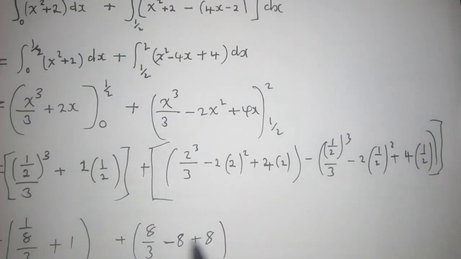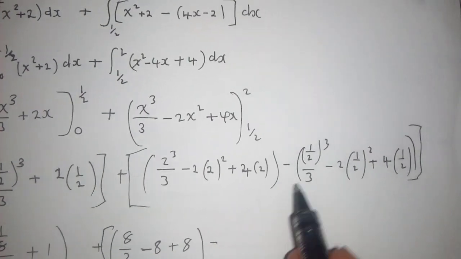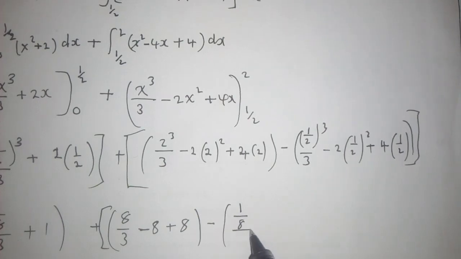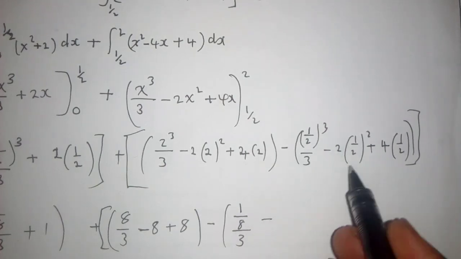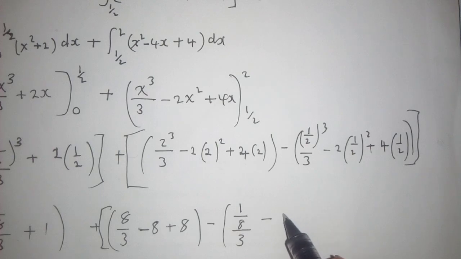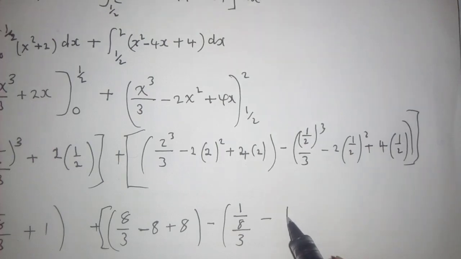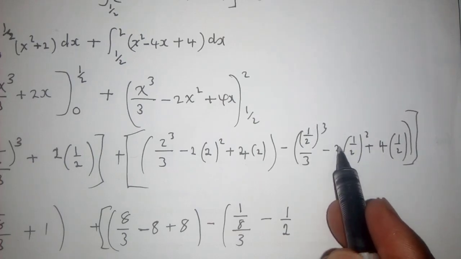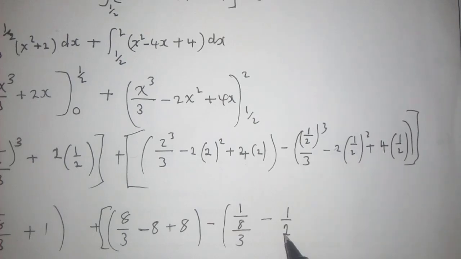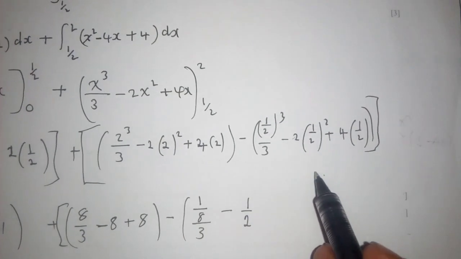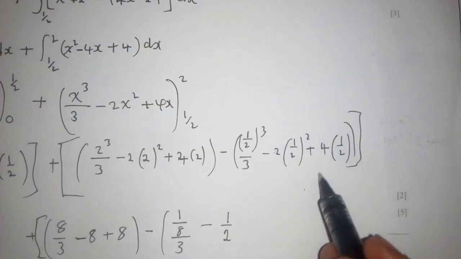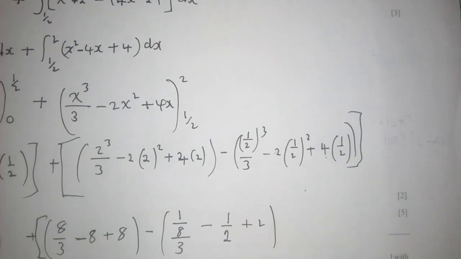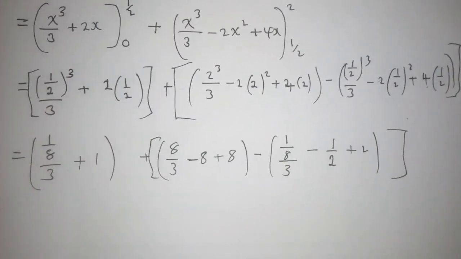We come to this one, it will be also like this, over 3 right here. Here it will be 1 over 2, because this is 1, this is 4. When you divide 2 into 4, it's 2, so you'll end up with this. Here, this is the last part, we've got plus 2. So this is what we have right here.